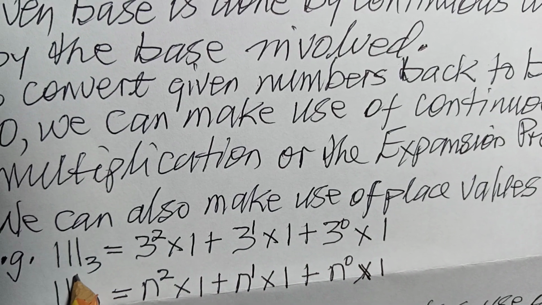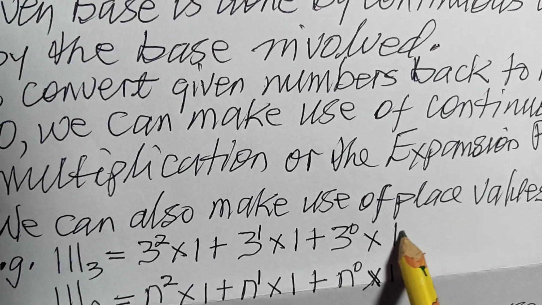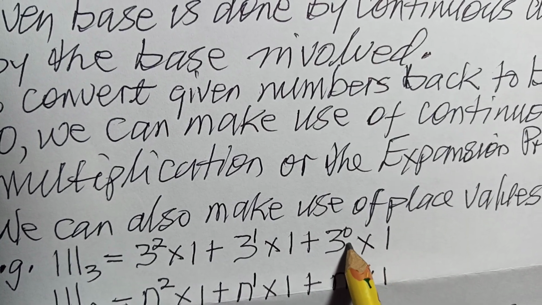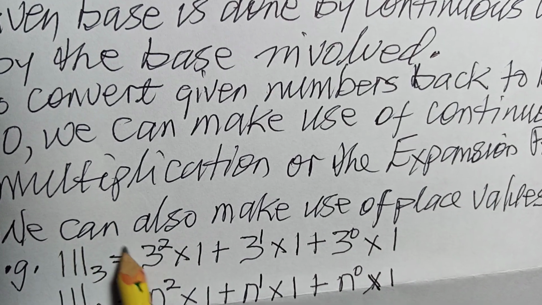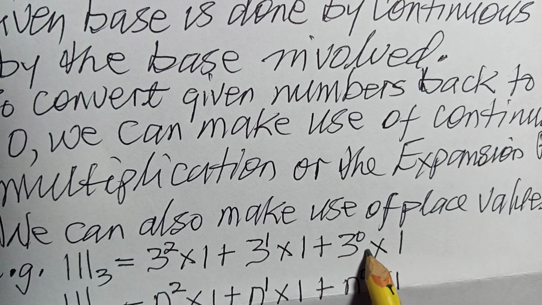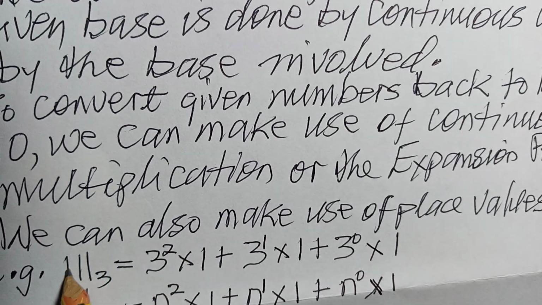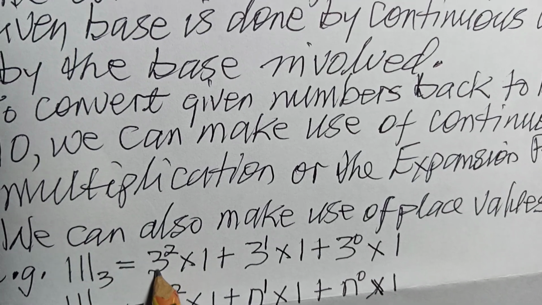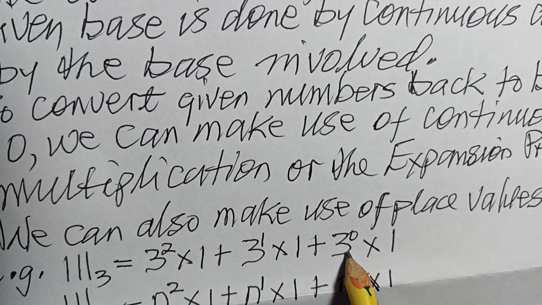Remember what I gave us as a way to do this quickly so that we don't make mistakes. Once you're given a problem like this, you write out the base. This is 1, 2, 3. So you have 3 in 3 places.